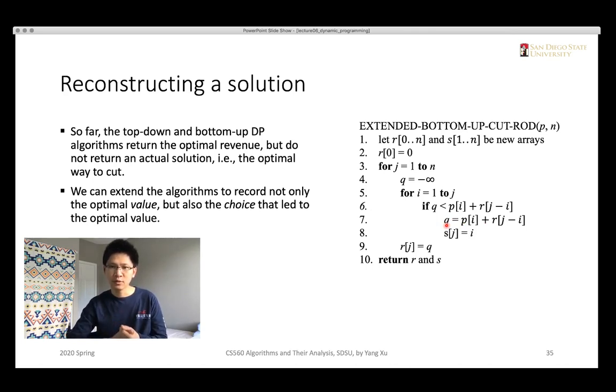So we record this position into array S, because it is a way to get a better revenue. And afterwards, after all the rest of the code is executed, we return arrays R and S at the same time.